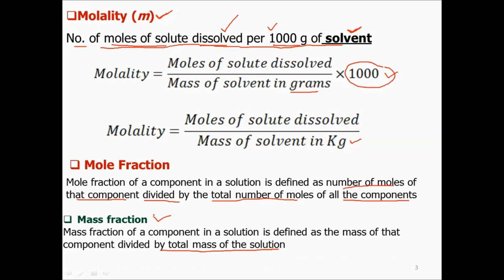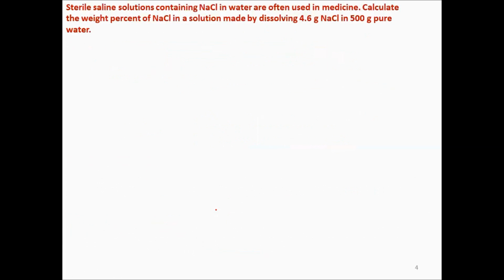We have already discussed all these terms in detail in our previous lecture, so please see that lecture for details. Today we will just do the numericals based on these concentration methods. So let us try to do the numerical.